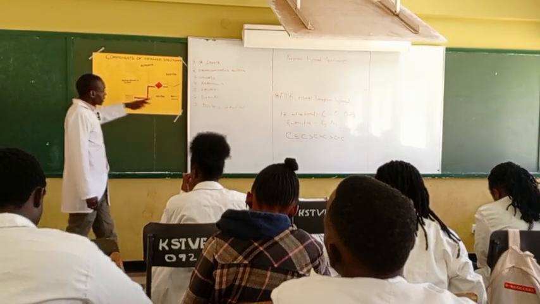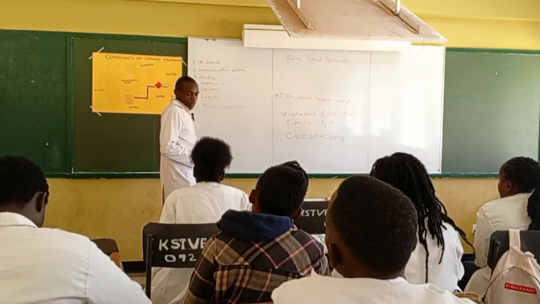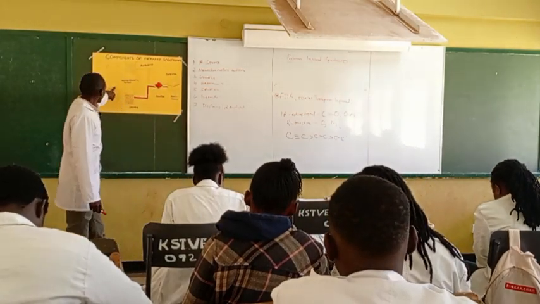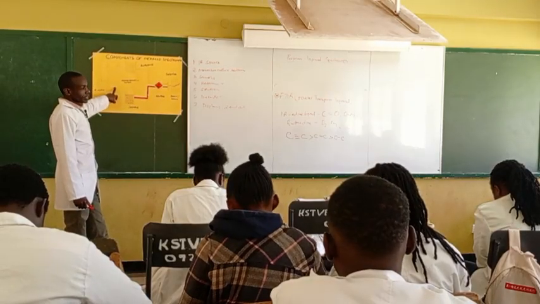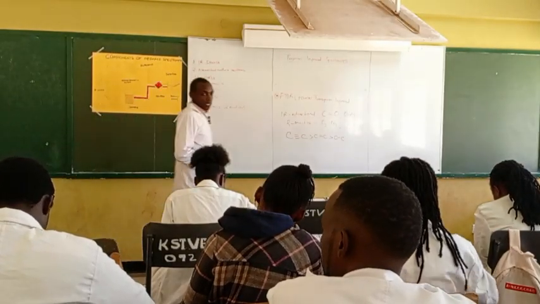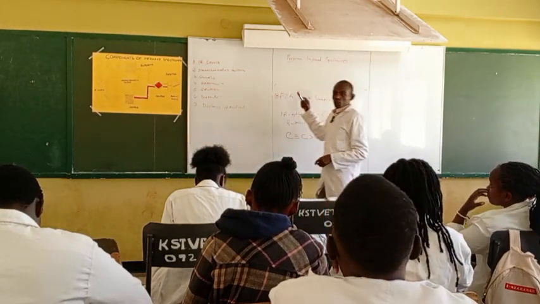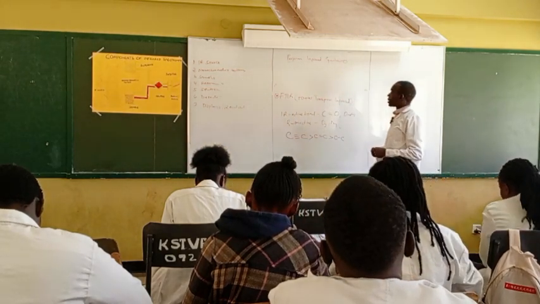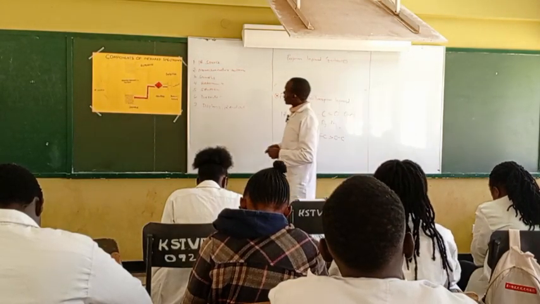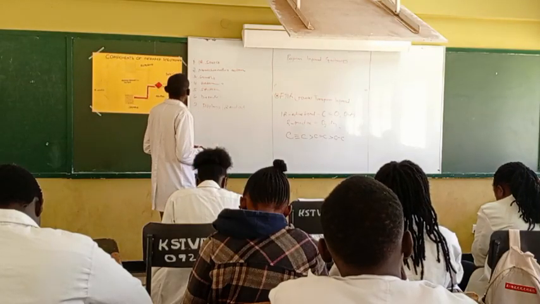But for the Fourier, we use the interferometer to split the wavelengths that come from the infrared source. So that is the only difference I would like us to get, so that you can differentiate between the two spectrometers.